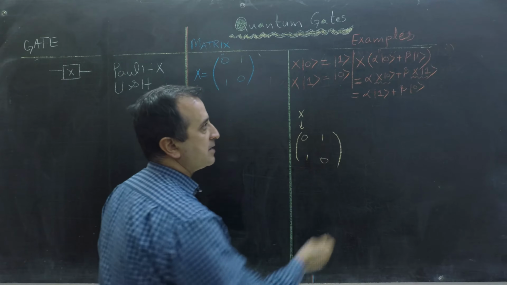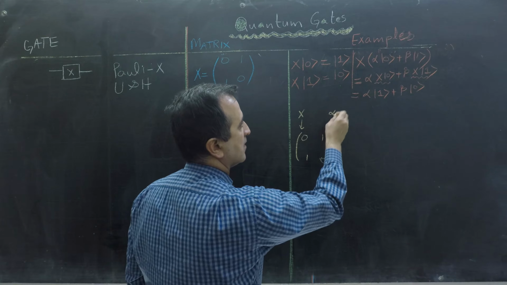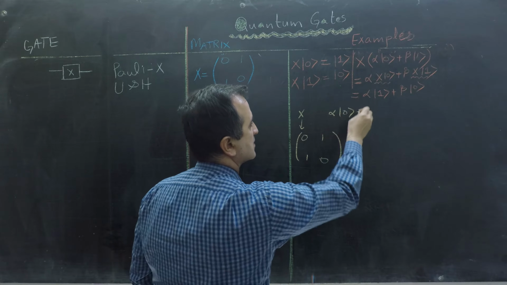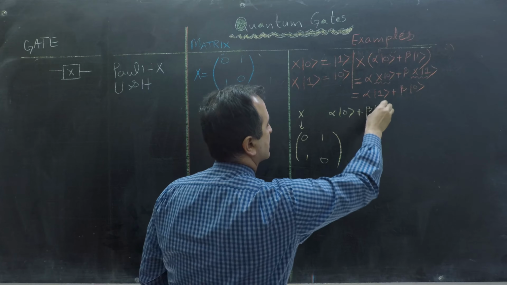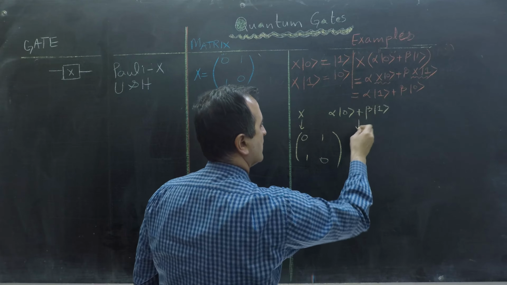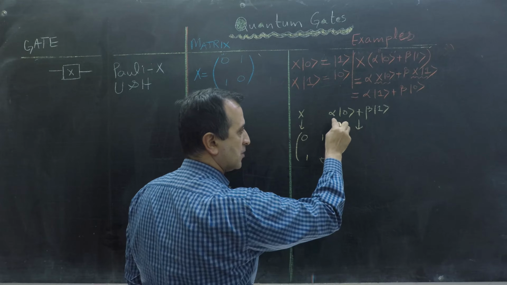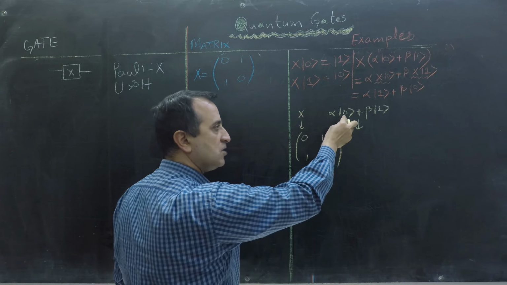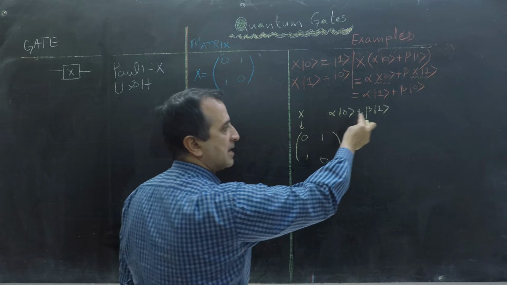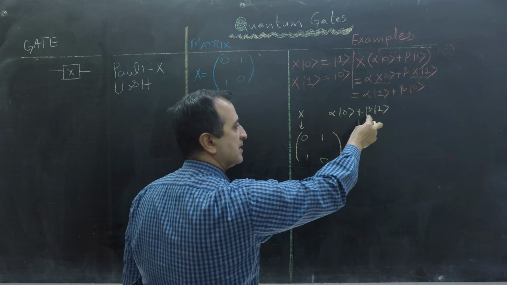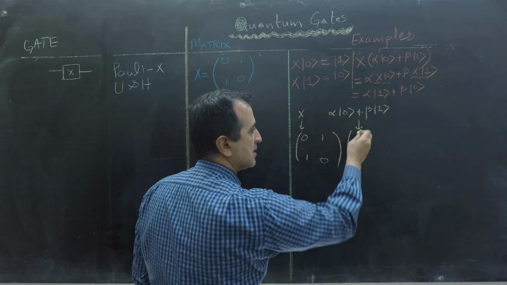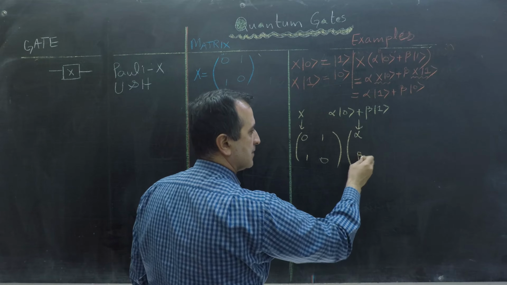And I write my vector alpha ket 0 plus beta ket 1 in the form of a vector. Because here at the 0th location I have alpha and at the first location I have beta, my vector will be alpha, beta.